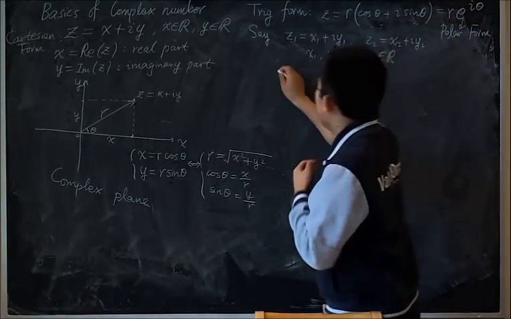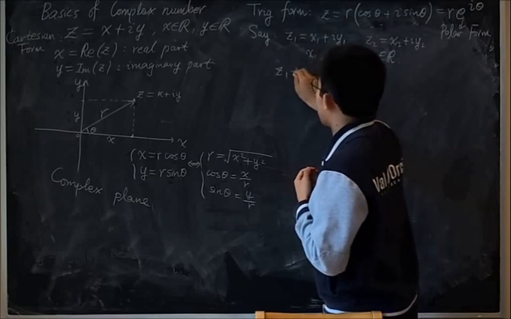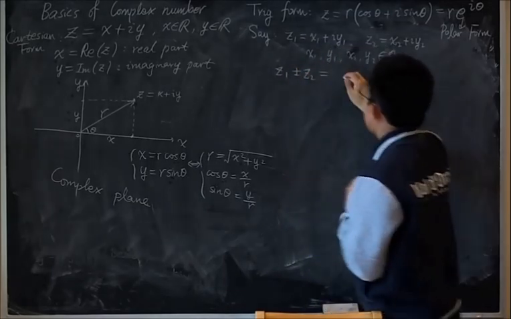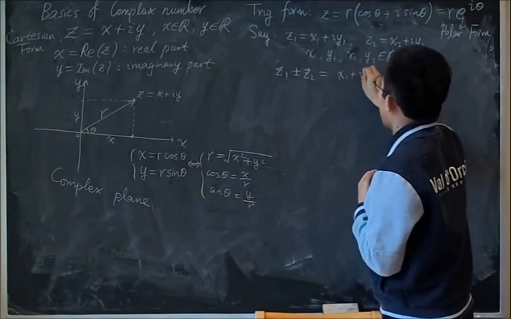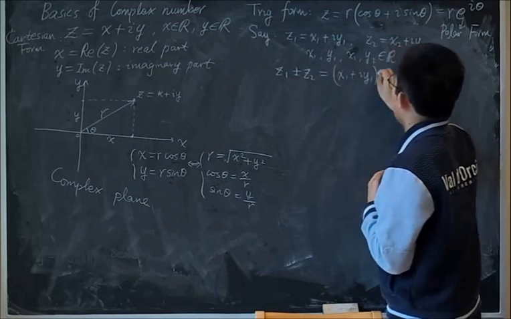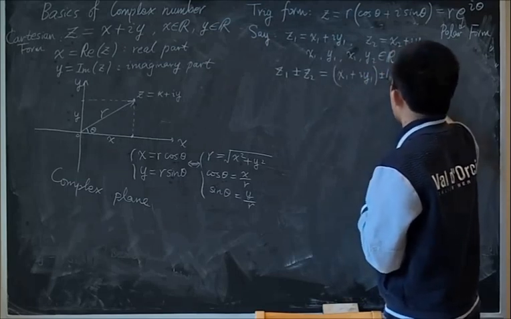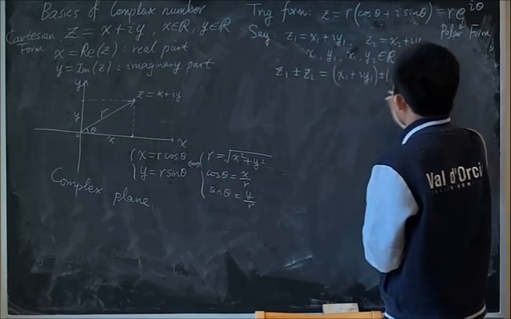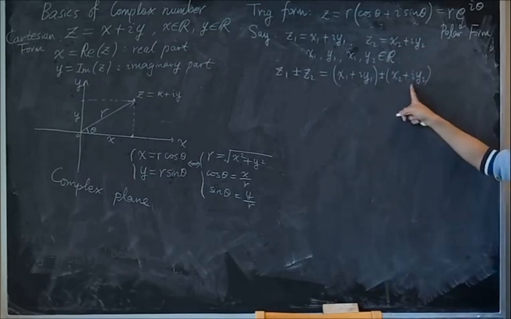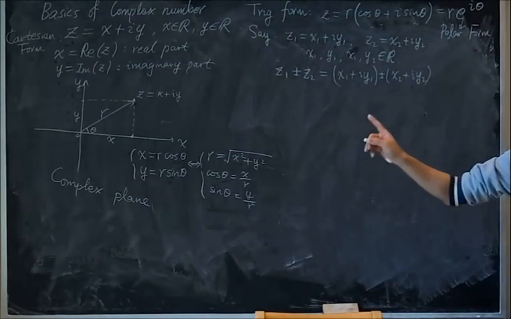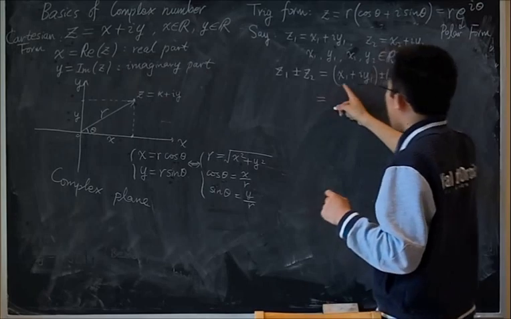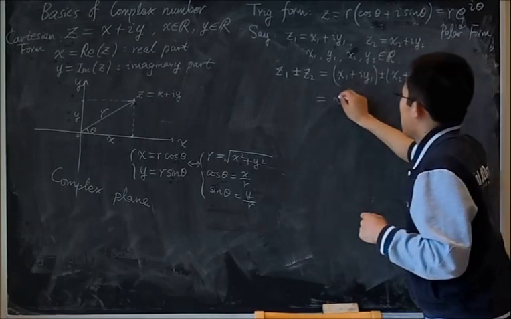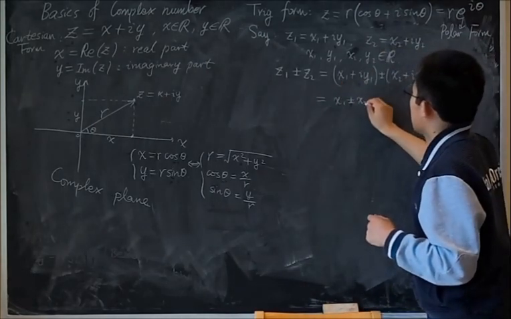Let's see. If we want to do z1 plus or minus z2, that is just x1 plus i y1 plus or minus x2 plus i y2. i is the imaginary unit, so we just have a factor of i here. We combine the factors without i: this is x1 plus or minus x2.